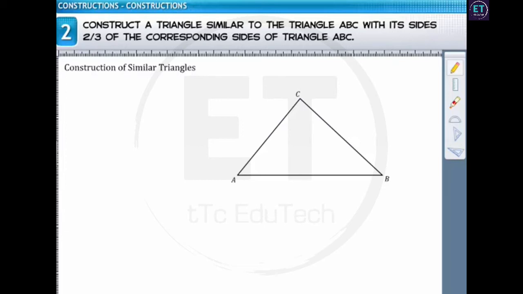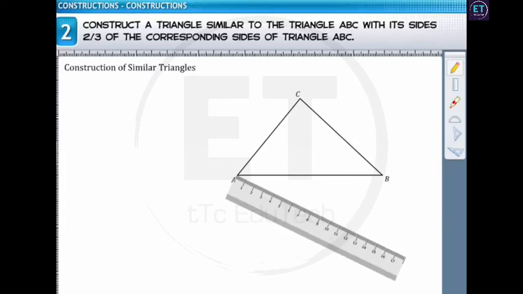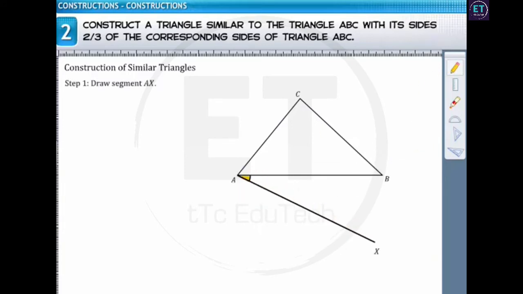As step 1, draw a segment of a convenient length making an acute angle with the side of the given triangle. Here, let us draw the segment AX making an acute angle with the side AB of the triangle ABC. Now, you have to mark a few points at an equal distance from each other on AX.